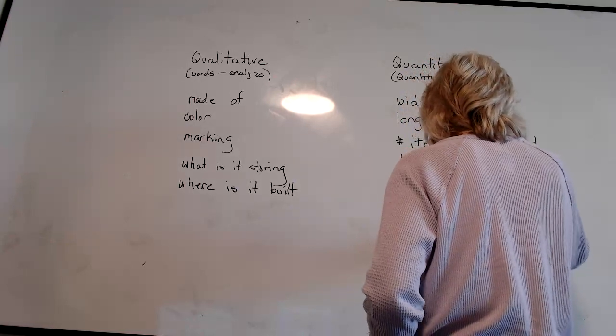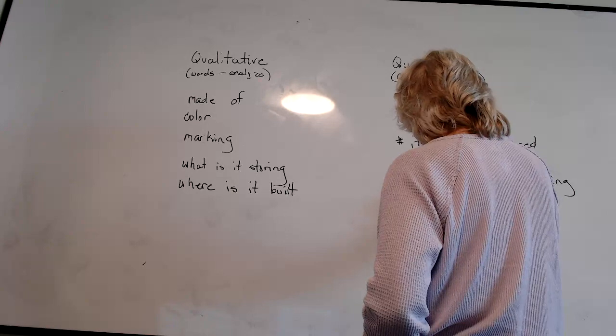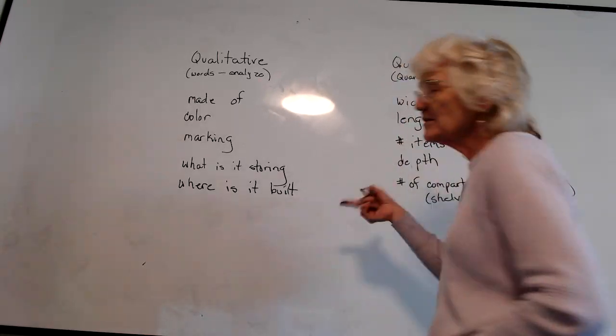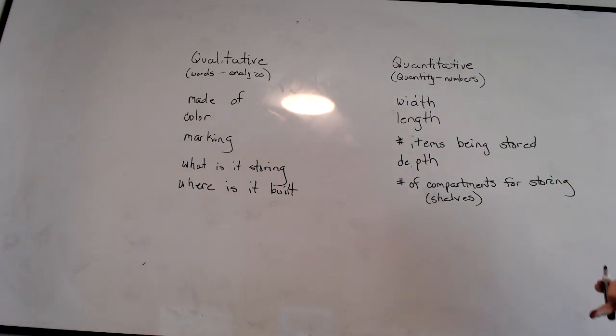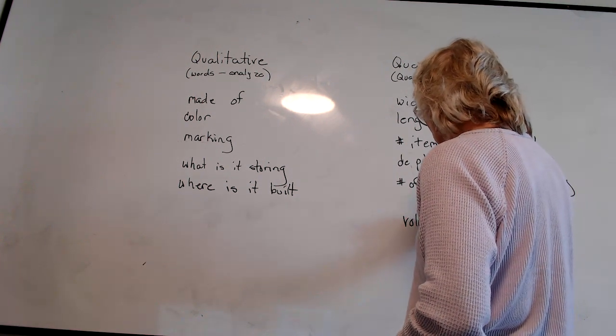For storing. That could be either the compartments, or I could call it how many shelves are there. I mean, that's another way I look at it, compartments, shelves. Okay. Riley, any other way you could describe that with numbers? Volume. Sure, you could talk about its volume.